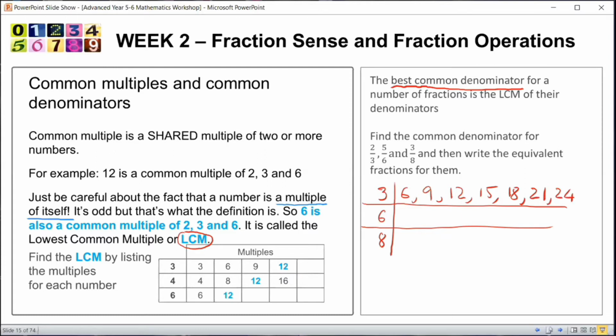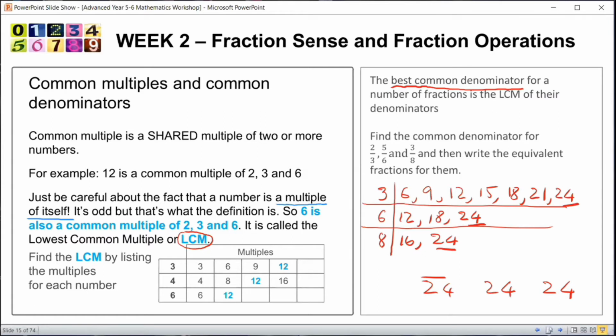And for 6, you have 12, and you have 18, and then you got 24. For 8, you got 16, and then you got 24. Wow. So that makes it easy. So now we have 24, 24, and 24.